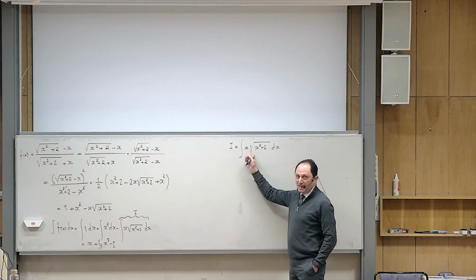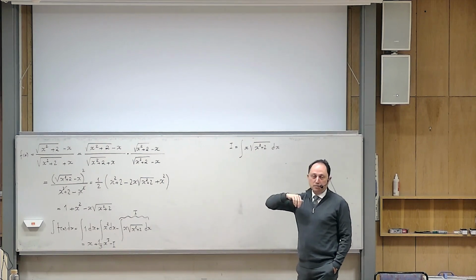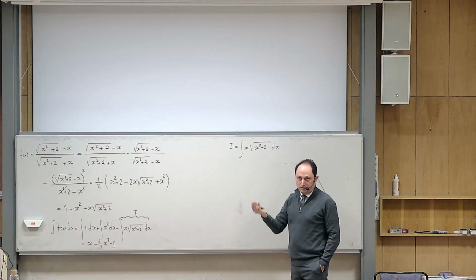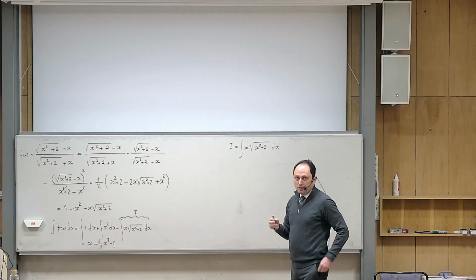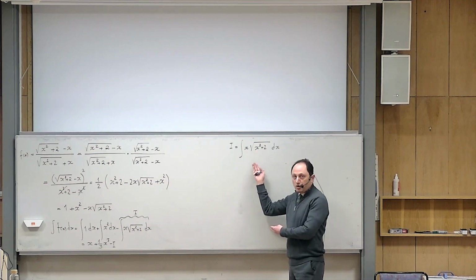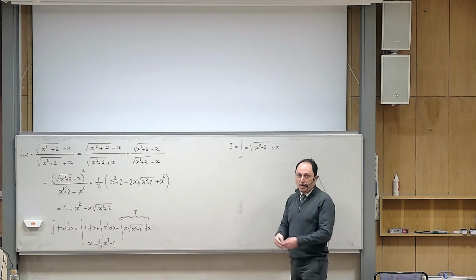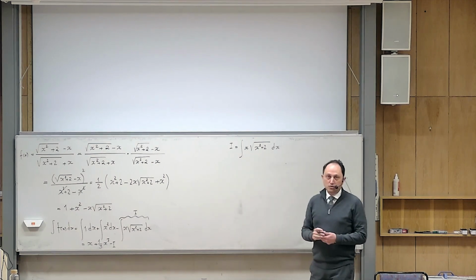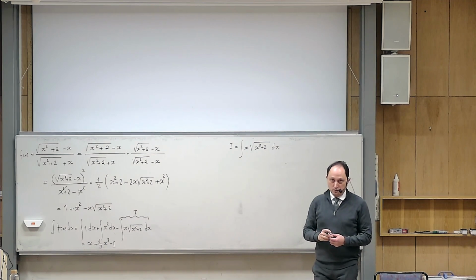So you see that x, up to a multiplicative constant 2, appears somewhere in the integrand as a factor. Whenever the derivative of one part of the integrand appears as a factor in the other part of the integrand, it is usually good to think about the substitution method.